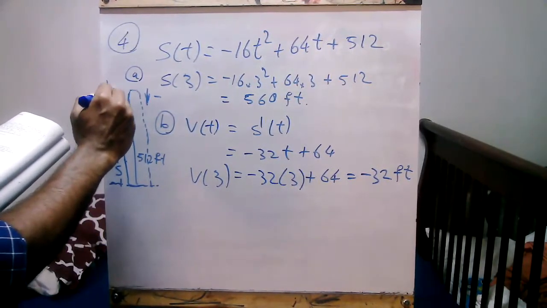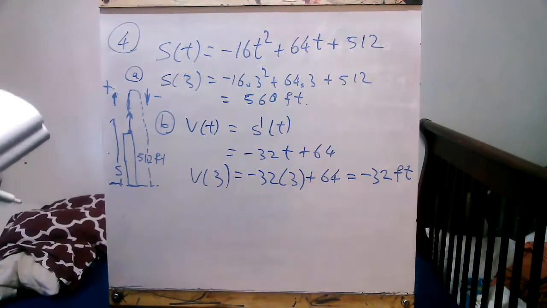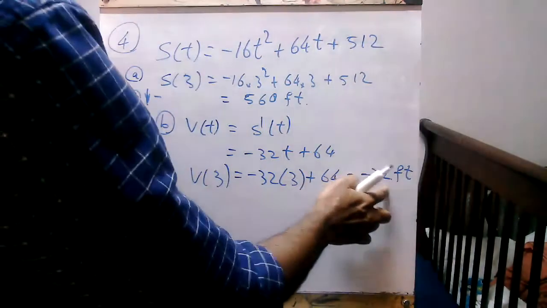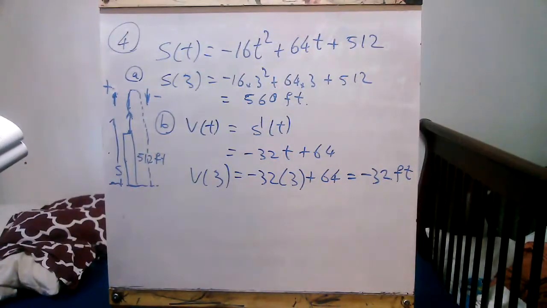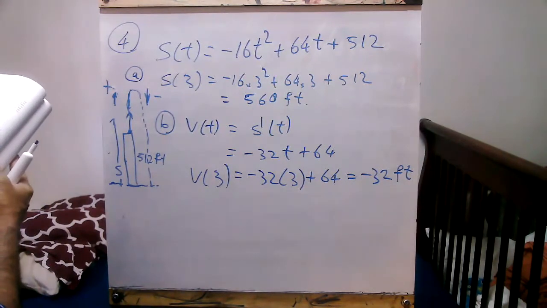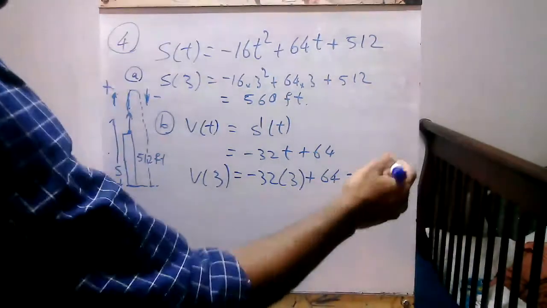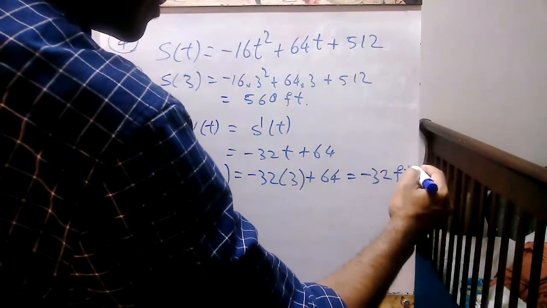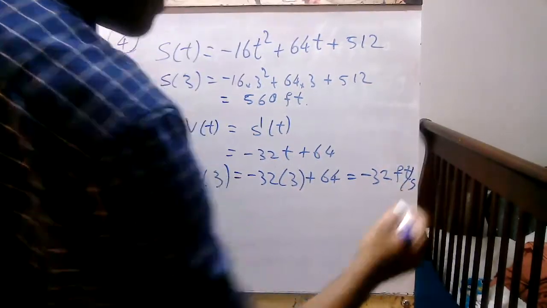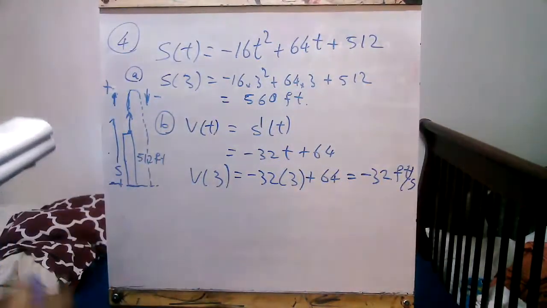Anything in the upward direction is positive, anything in the downward direction is negative, right? So this negative 32 means it's coming downward. This is the velocity, therefore it's not feet, this should be feet per second. The unit of velocity is feet per second.